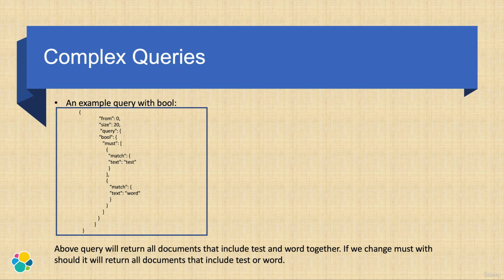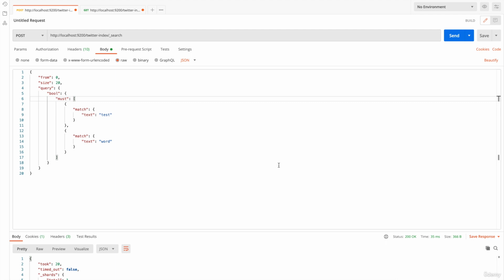You can also write more complex queries by combining the different query types and using keywords like should for combining with OR, or must to combine with AND. Here is an example. Here, since we use must, the documents returned in the results must have both test and word.